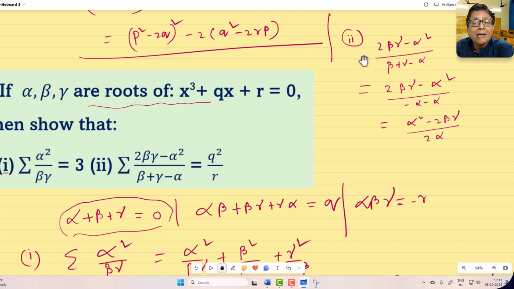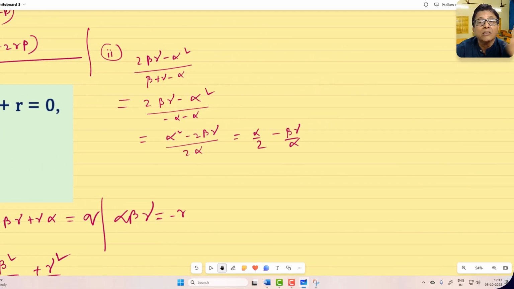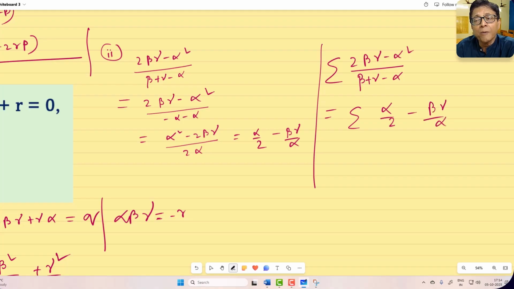So we can simplify it now. How to? You can just write this as alpha by 2 minus beta gamma by alpha. By using the given condition, we got this. So how can we write sigma this thing now? This is going to be equal to sigma alpha by 2 minus beta gamma by alpha. So this is nothing but sigma on this and sigma on this.